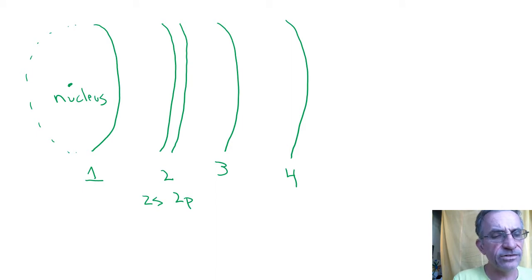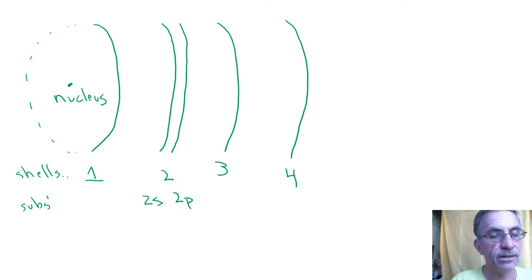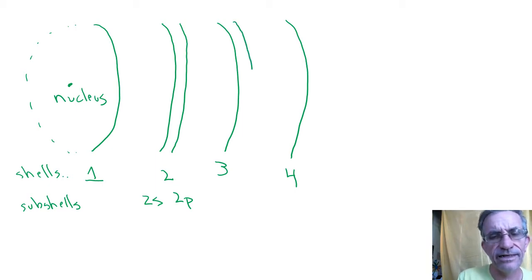So the numbers are our shells, but it turns out shells are made up of smaller regions called subshells. All right, now that's true for the other shells as well. The third shell, for example, is actually made up of 3 parts. So the third shell has 3 subshells within it.